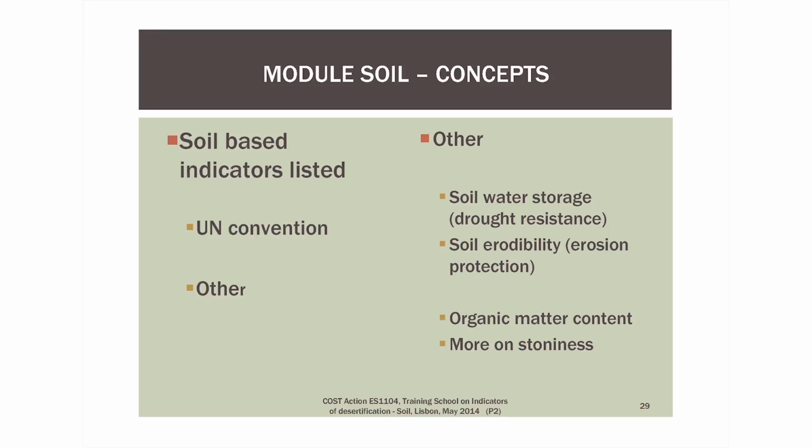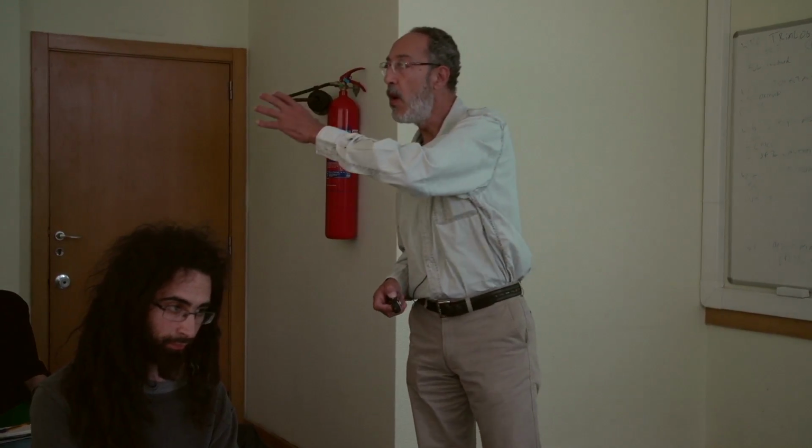The vegetation indicators include drought resistance and erosion protection. And I would address soil water storage and soil erodibility under these two topics, which are on the vegetation side of the UN Convention list.